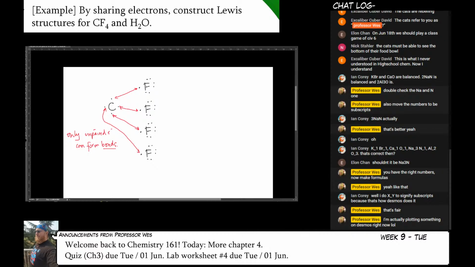So now we have this connect-the-dots situation where I can just say, okay, this is now connected to this fluorine. And this is connected to this fluorine. And this is now connected to this fluorine. And now you can see how the basics of drawing a Lewis structure come together.